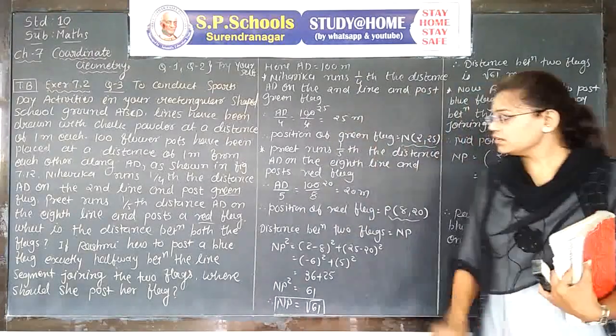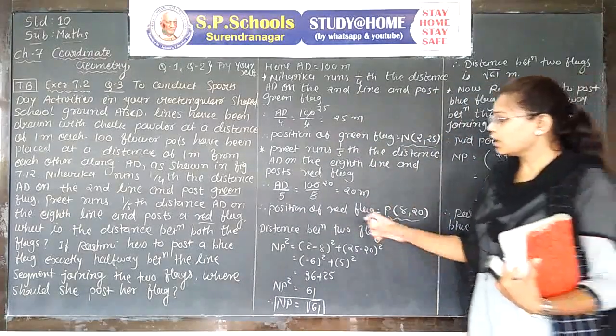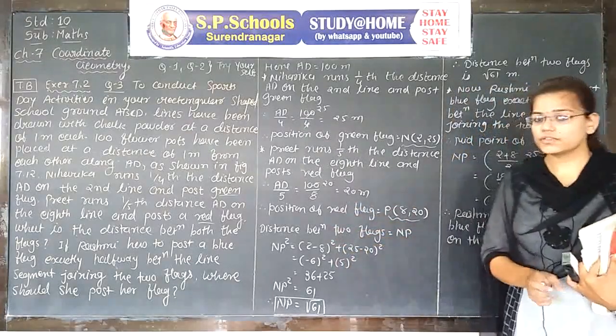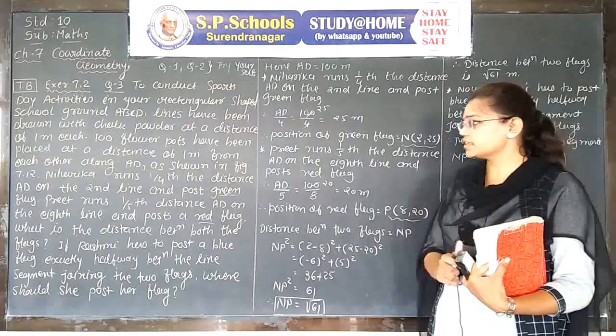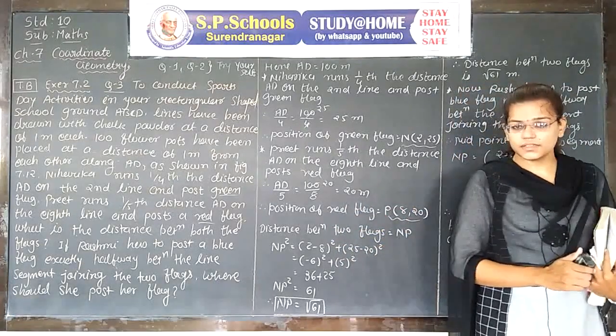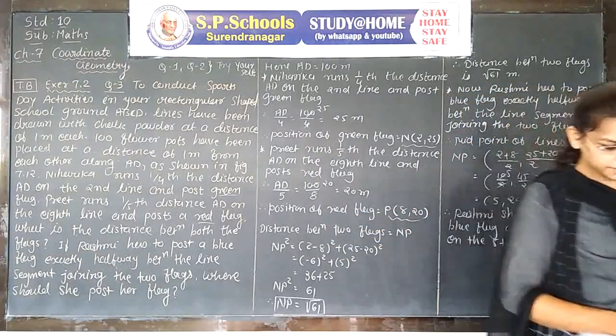It is a very easy sum, but how to find the distance? We can use the distance formula to find the distance between two flags. Question number 3 is completed. Let's see next.